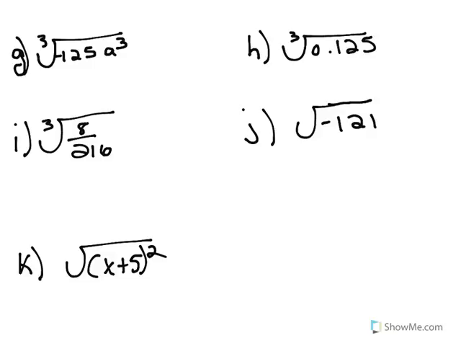All right, I'm going to take a look at G. I have negative 125 a to the third, and it's the cube root, sorry. So how would I go about simplifying this? Well, what times itself 3 times gives me 125?